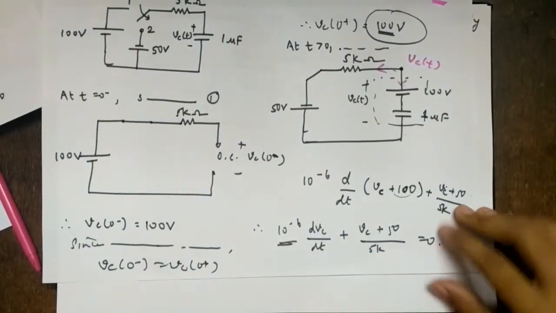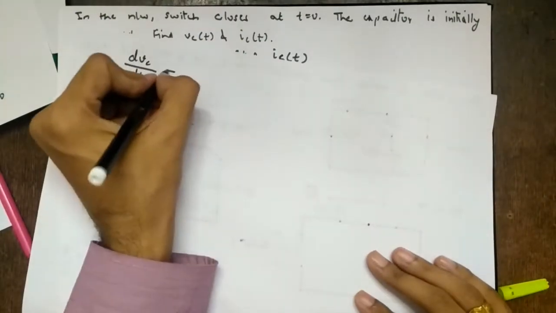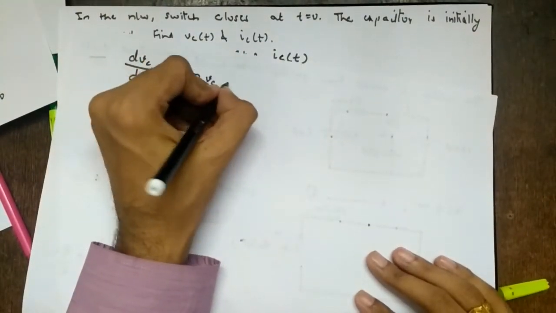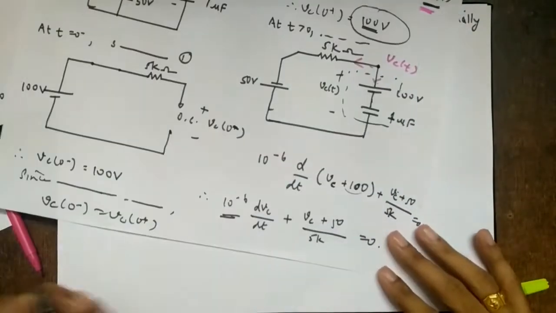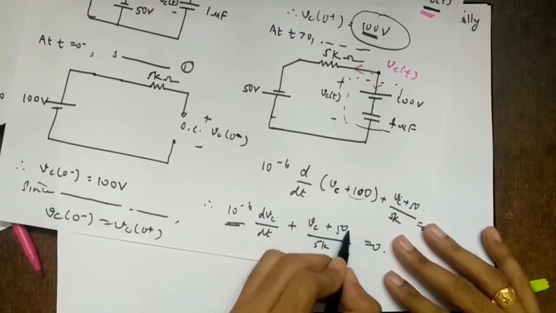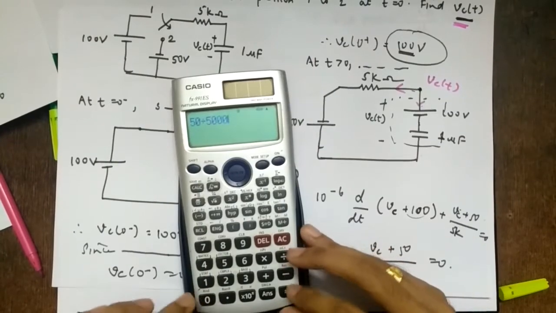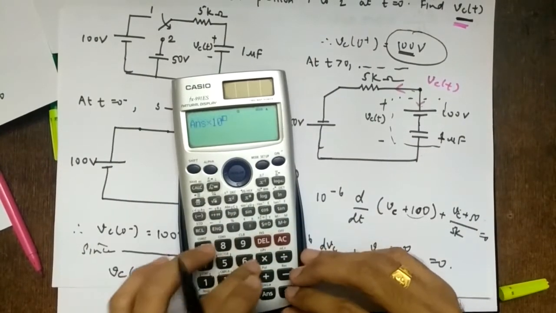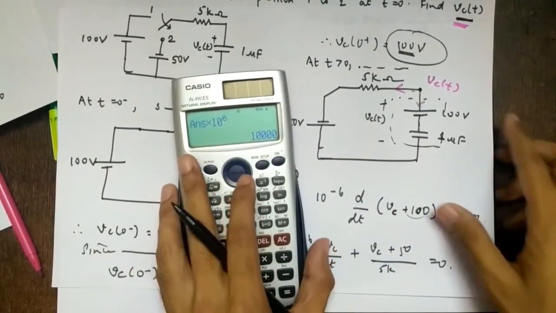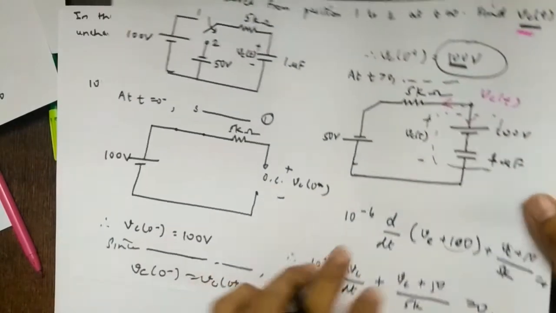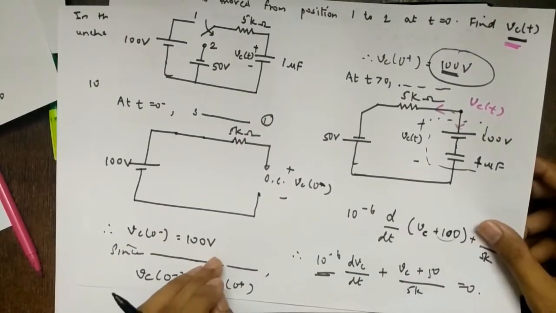So 200. Plus 200 Vc equals, remember it is plus 50 upon 5k, so 50 divided by 5000 into 10 raised to 6. It will go to this side, so it becomes minus 10 raised to 4.